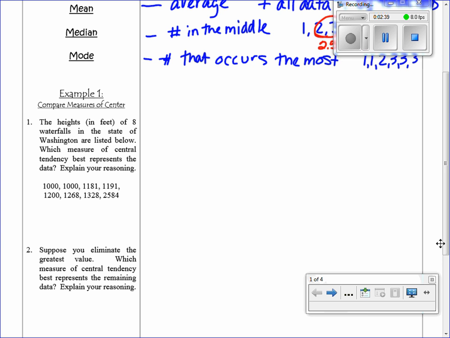Now, suppose you eliminate the greatest value. Which measure of central tendency now represents the remaining data? Explain your reasoning. So go ahead, determine the mean, median, and mode of this data, and determine which one best represents the data. And then once again, do problem number 2.